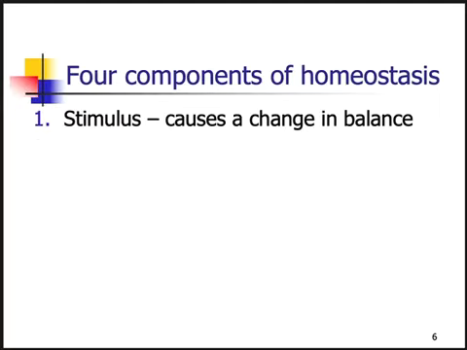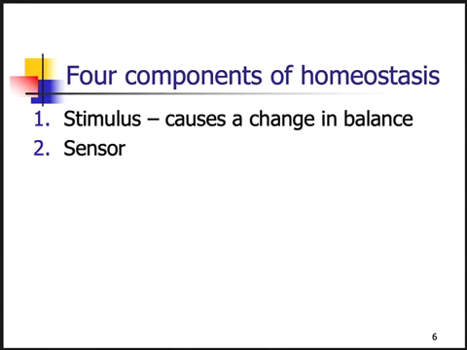Some change in the normal balance is going to be the stimulus, right? So this could be like body temperature, for example, that you're getting too hot or you're getting too cold. And so the stimulus would be the change in temperature, right? But any stimulus is any change in balance of homeostasis, okay?